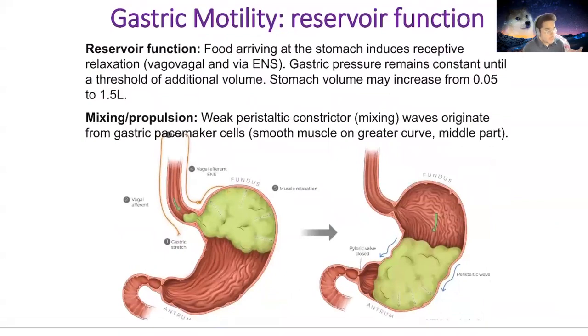All right, motility, right, and versus reservoir function. Most of the food, in terms of reservoir function, is going to be hanging out in the fundic region. This is really important because the fundic region allows for not only receptive relaxation, you will also have potential opportunity to have downstream effects on the amount of hydrochloric acid that's released from your parietal cells and eventually leading to the breakdown of food, right?